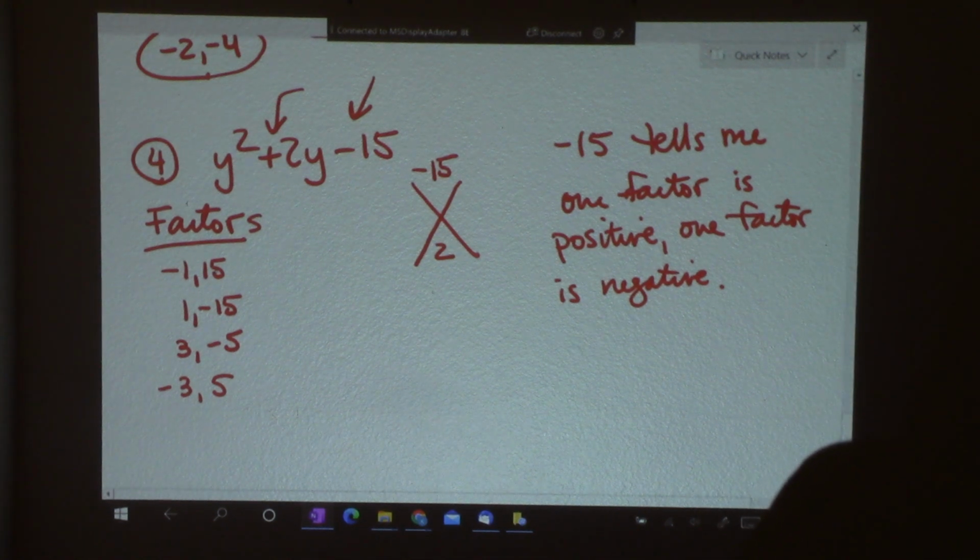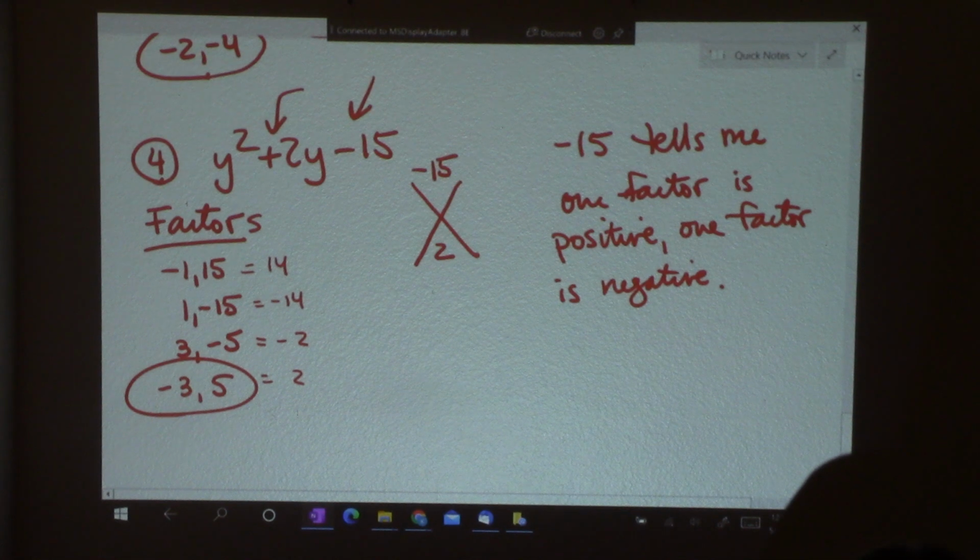So what if I add these two together, what do I get here? I get 14, I get -14. If I'm adding, I get -2 and I get +2. So obviously the two I'm going to pick are right here because I have a +2 up here in my second term. So I have -3 and +5.